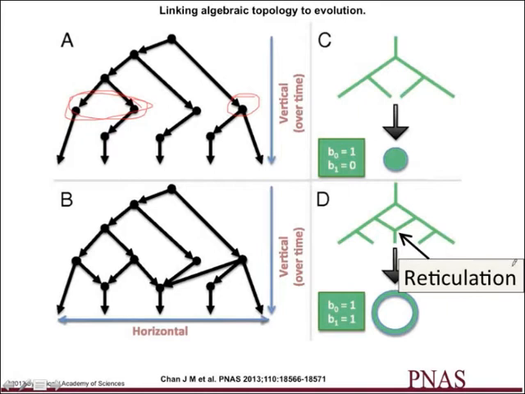But there can be a problem if we have a reticulation event where instead of just vertical transfer, so just having a mutation happening over time, we might have a mutation happening where two things combine within here.